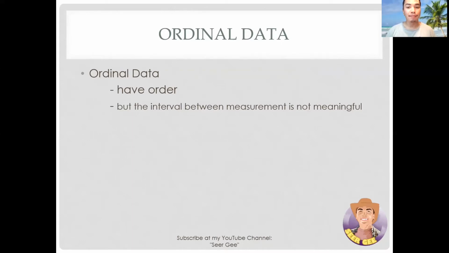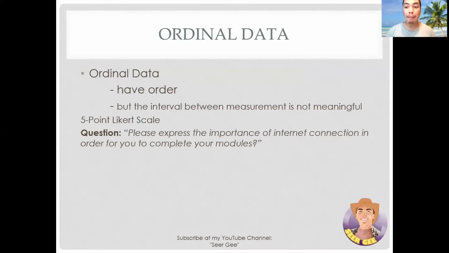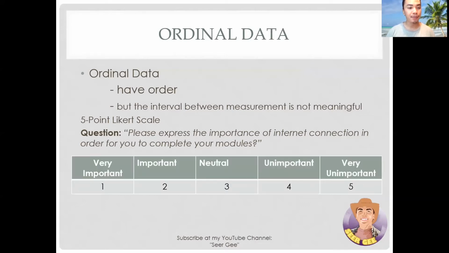For example, the Likert scale is a popular ordinal data example. For a question such as, please express the importance of internet connection in order for you to complete your modules, a Likert scale will have the following options, which are coded as 1, 2, 3, 4, and 5. 1 is lesser than 2, which is lesser than 3, which is lesser than 4, which in turn is lesser than 5. Ordinal data is thus a collection of ordinal variables.